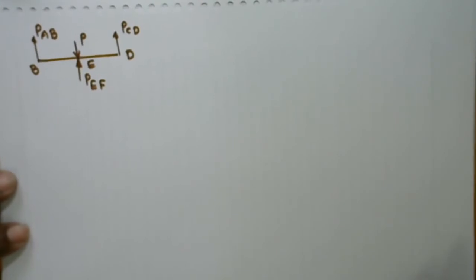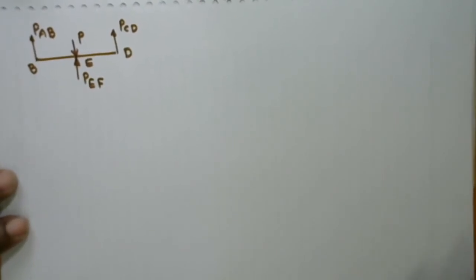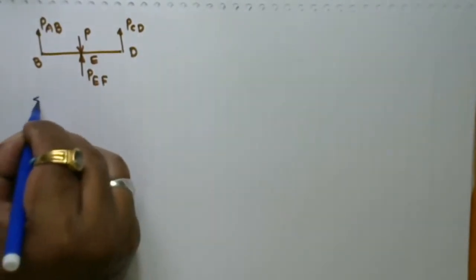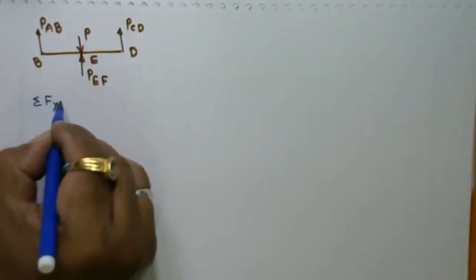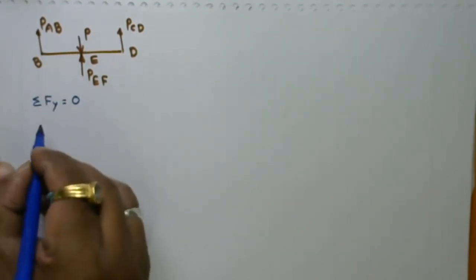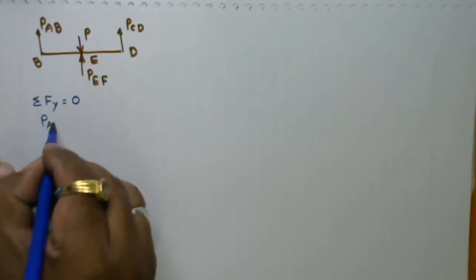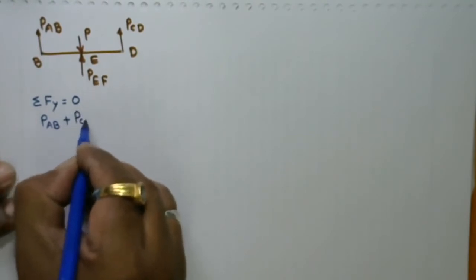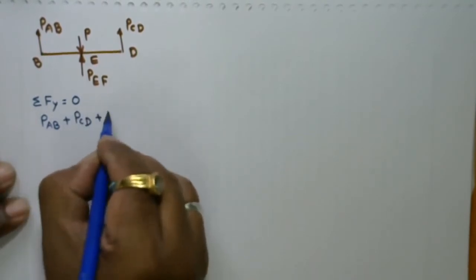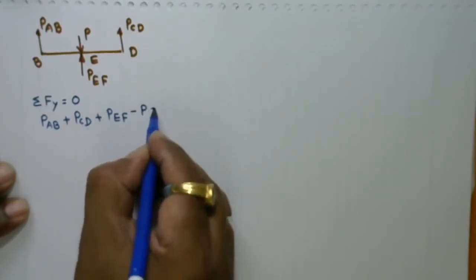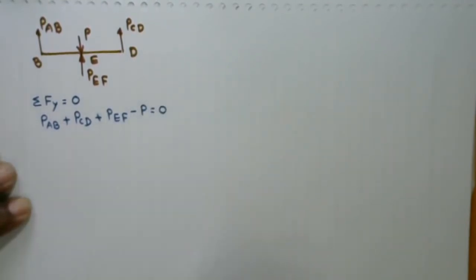So if we say the symmetry and apply the equilibrium conditions, that is here summation Fy is equal to 0, because all forces are acting vertically. So in that case you may write the equation PAB, upward forces positive, plus PCD plus PEF minus P is equal to 0.